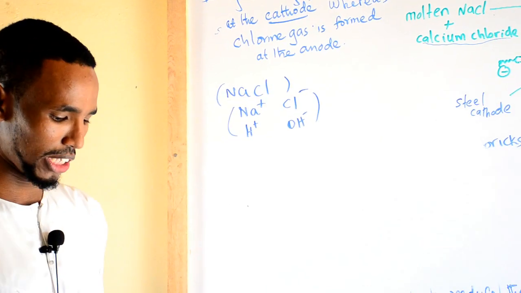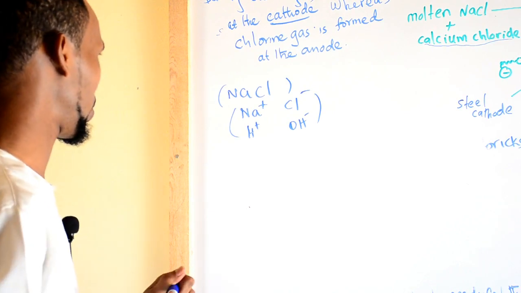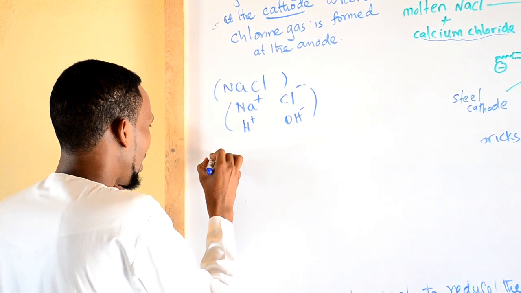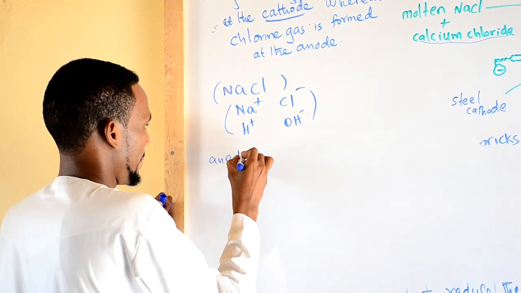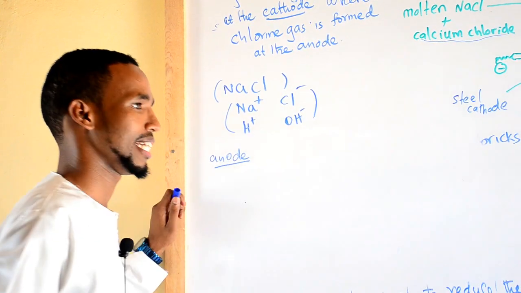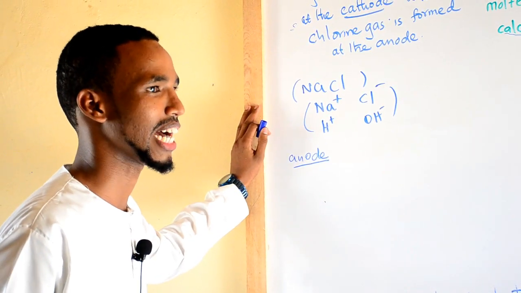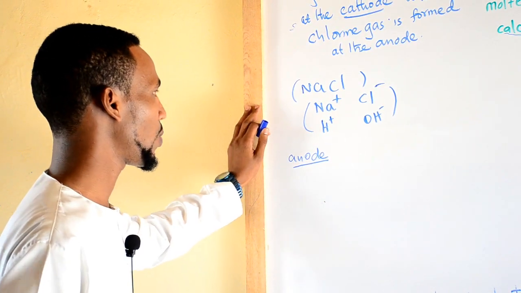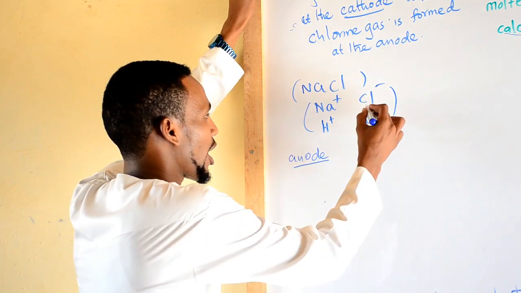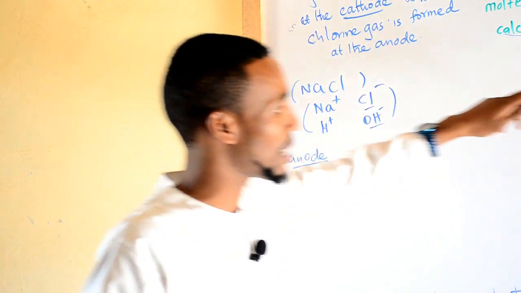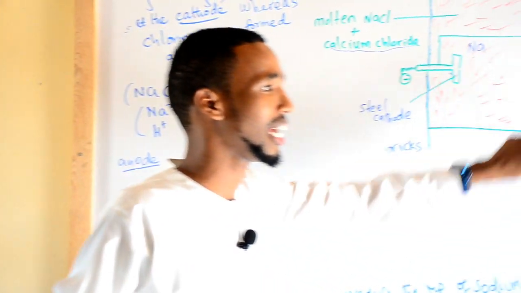In our electrochemistry lesson, basically an anode is a positively charged electrode. So what will happen? Chloride ion and hydroxide ion will migrate to the anode. They will come to the anode.